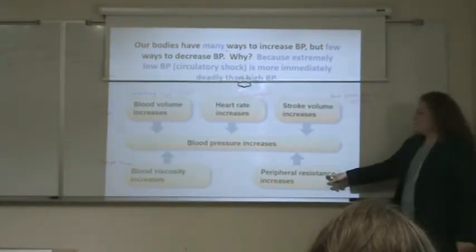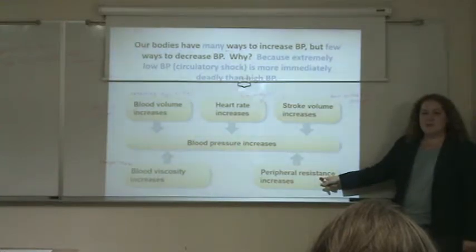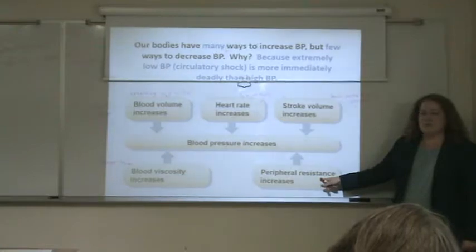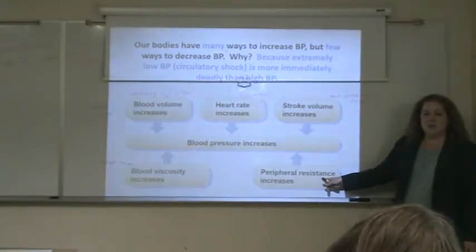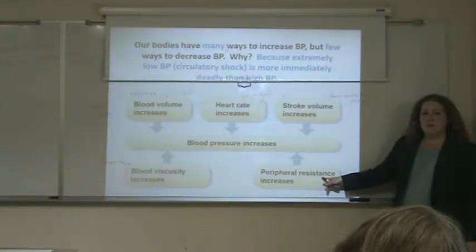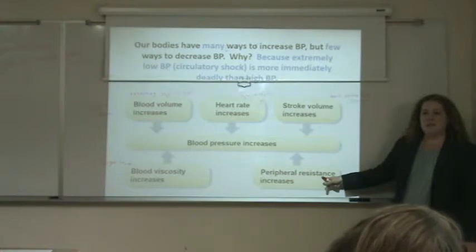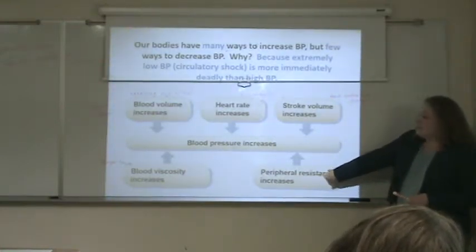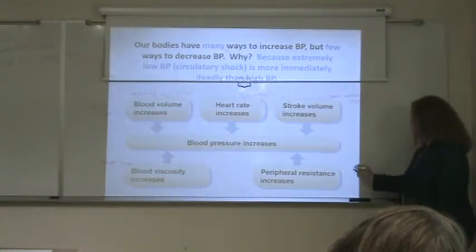What is this peripheral resistance? What does that mean? I don't think I used that term yet. It is the flowing of the blood past, peripheral resistance, which is blood vessel length.